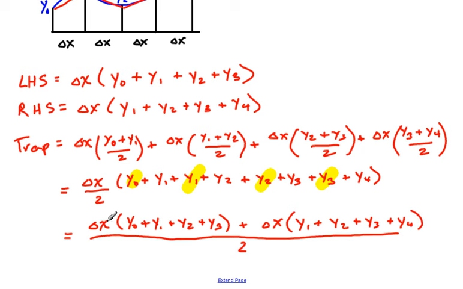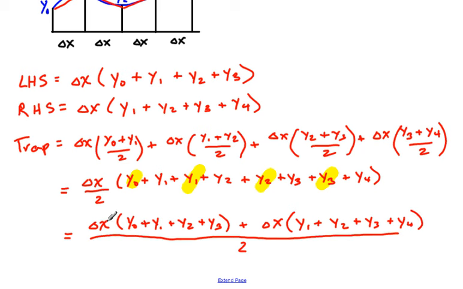Now, if you see where I'm going, you should notice that this first expression right here, I'll use my highlighter again, this expression right here is the same as the left-hand sum. And let's get the other one.